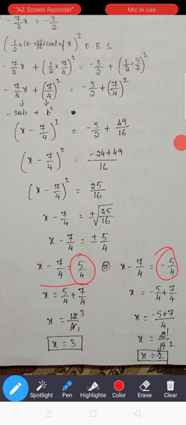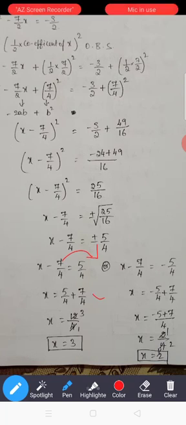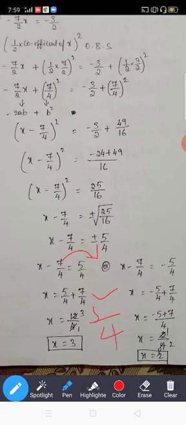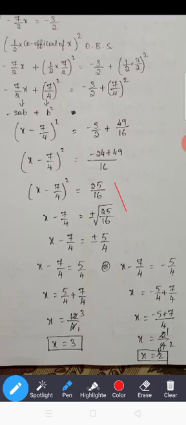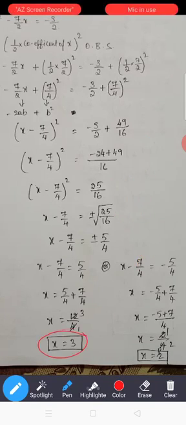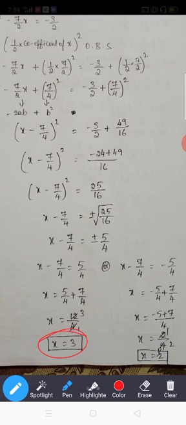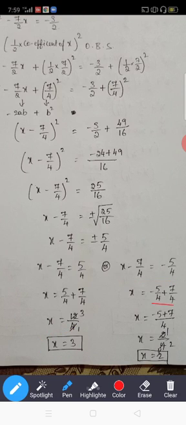Next, take this minus 7 by 4 to the right hand side, it will become plus 7 by 4. Take the LCM, which is 4. Then 5 plus 7 is nothing but 12. 12 divided by 4 is 3. So one root is 3. For the other one, take this to the right hand side: minus 5 by 4 plus 7 by 4.